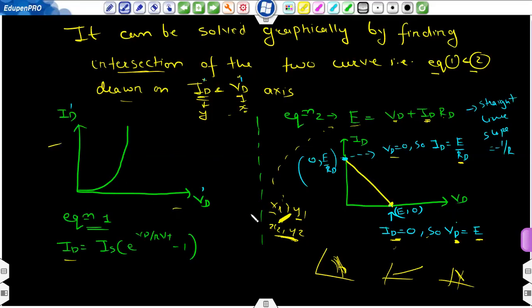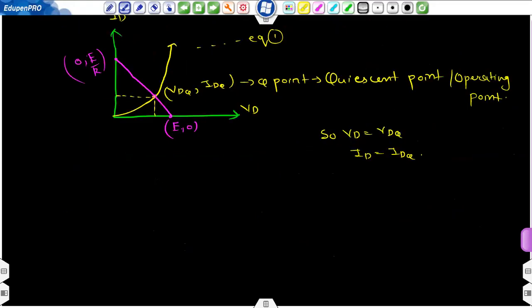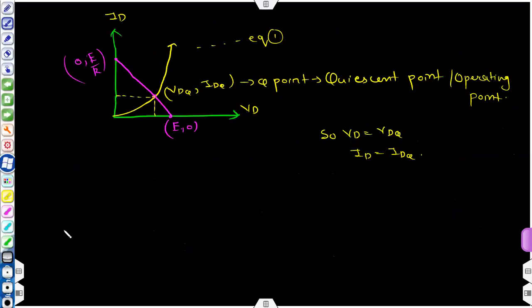Now you have to draw both the curves on the same axis. Here I have drawn both curves on the same axis, and let's say this is their intersection. This point is known as the Q point. You heard this term two lectures back.